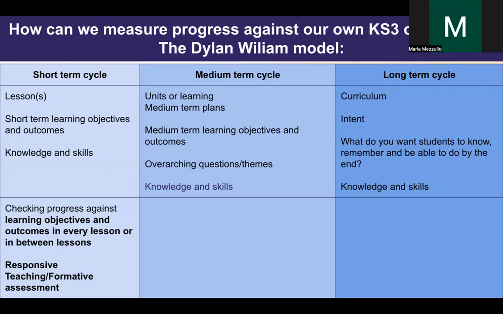So your mini whiteboards, your exit tickets, your question and answers, your circulating around the room. This is true responsive teaching. You spot something that's not working, you either adjust there and then, or stop the class, reteach, do whatever to try and get the children to make that little bit of progress along that short period of that learning journey, which is your lesson. So you do that every day.